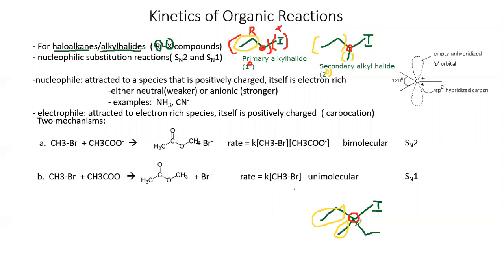I like to call them sticks because we're drawing a stick model. So since there are 3 carbon groups attached to that one carbon, which is directly attached to the halogen, this is called a tertiary alkyl halide.